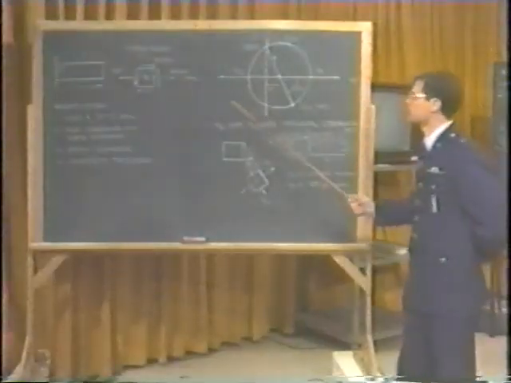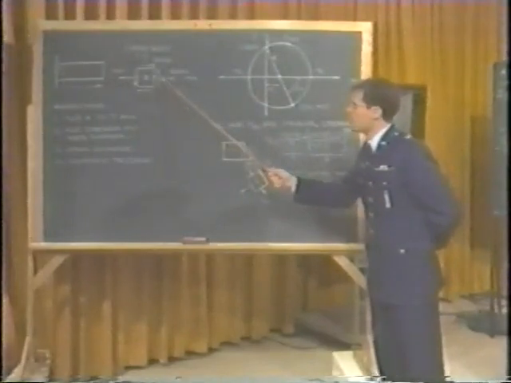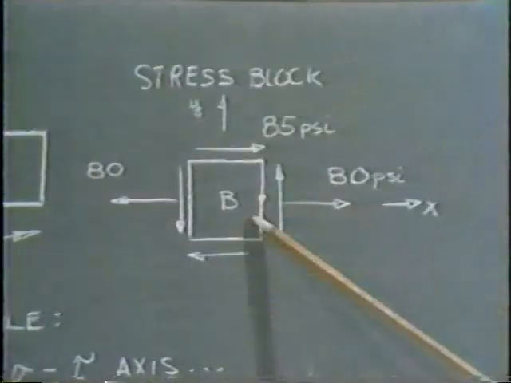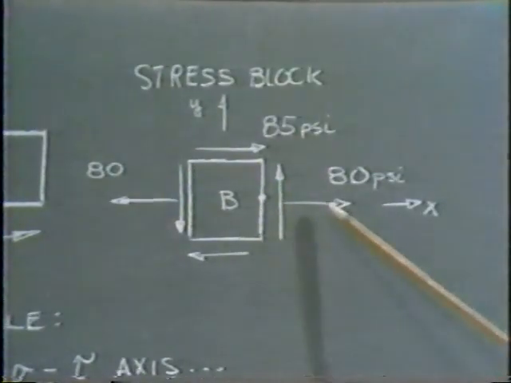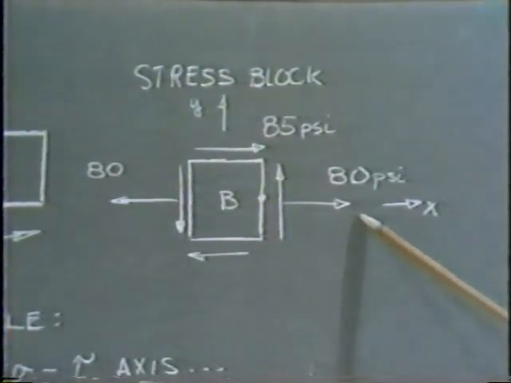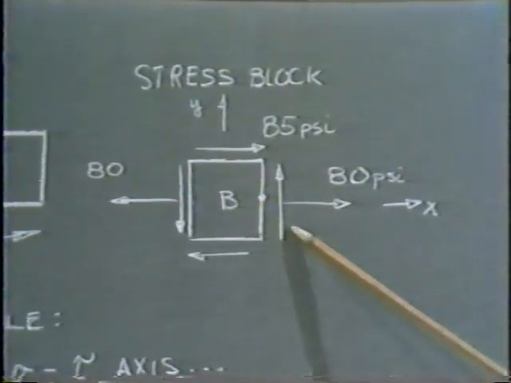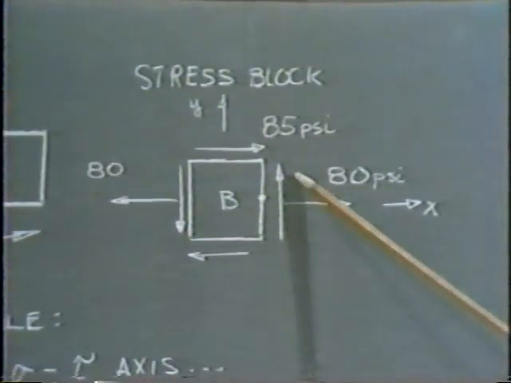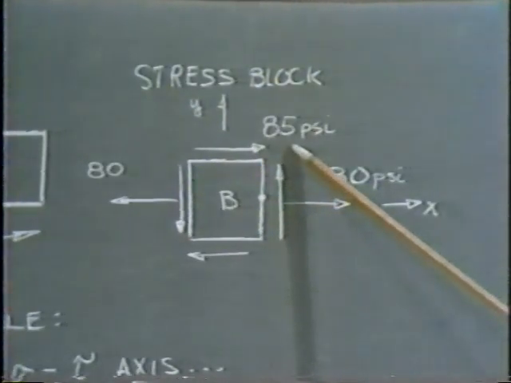Let's go over here. This is a vertical face that I've cut. I recognize that there is an 80 pounds per square inch normal stress. There is also on that face a vertical shear stress equal to 85 pounds per square inch.